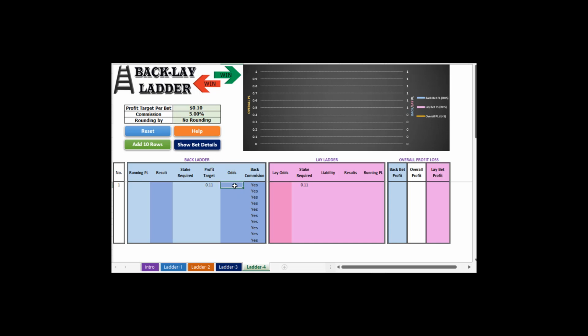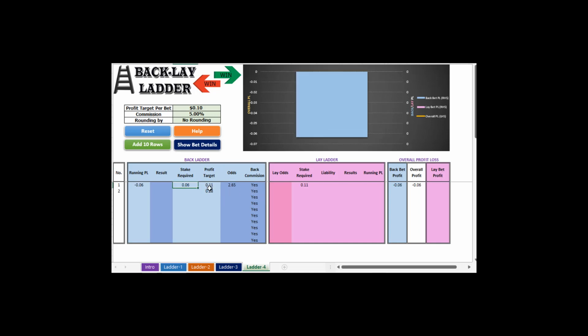Okay, so we've set up, we're looking at 10p per back and lay, and let's start. The very first horse we're looking at is paying 2.65. So we put in 2.65, and it tells us the required stake for the back ladder is 6p. Let's bet 6p. Now if you're using Betfair, obviously their minimum bet in the UK is £1 and in Australia is $5.